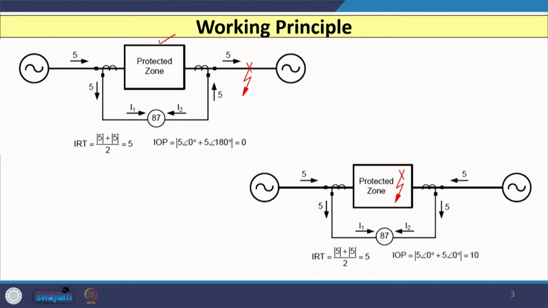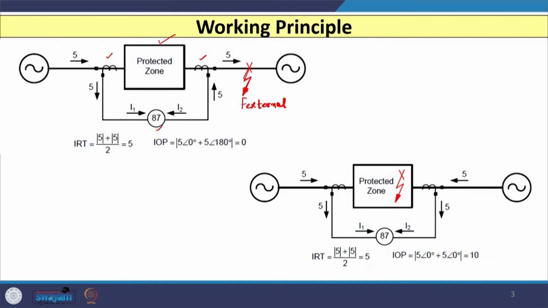Let us consider one example to understand the working principle of the digital relay. Here I have considered the same figure, the winding of the power transformer, with a CT on each side of the winding and one digital relay, number 87. Consider an external fault occurring outside the range of the two CTs.